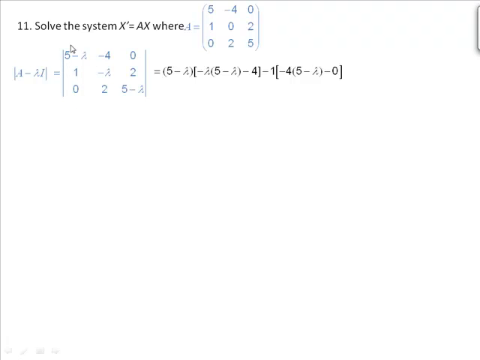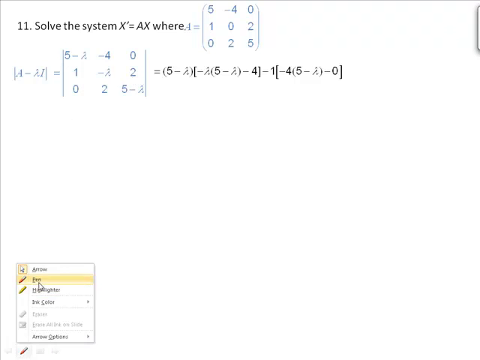So that'll give me 5 minus lambda, and then if I cover up the first column and the first row, it's going to leave me with this lower right 2 by 2 matrix, which has a determinant of negative lambda times 5 minus lambda minus 2 times 2, minus 4. And then I get minus 1 times the determinant that remains after covering up.